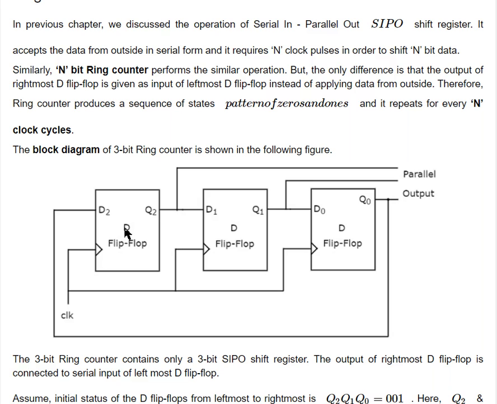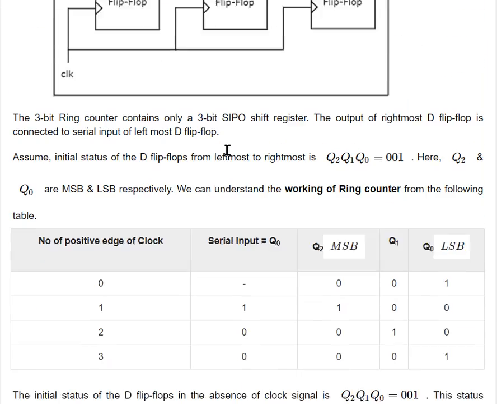So it performs a ring connection. The clock for the ring counter produces a pattern of zeros and a one, and it repeats every n clock cycles.